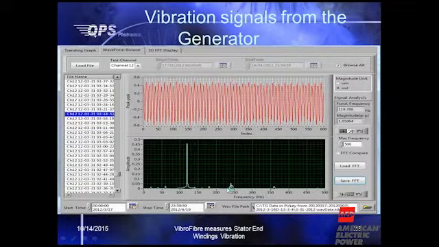The other thing I'd like to point out is that there are harmonics shown from the 2 times line frequency at 240 hertz. However, this vibration amplitude is extremely small. So what we are saying is there is still some indication of looseness, but it is not alarming.